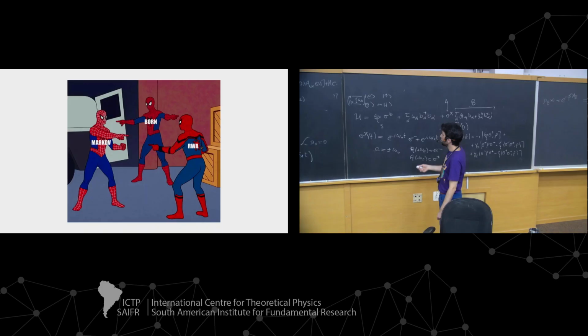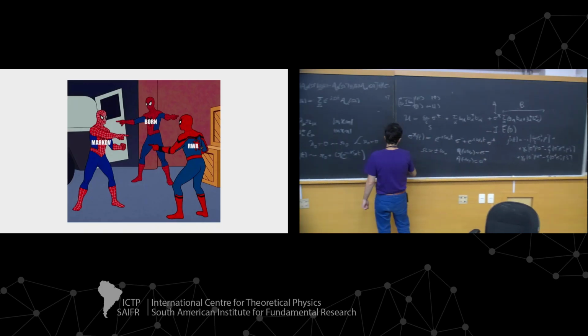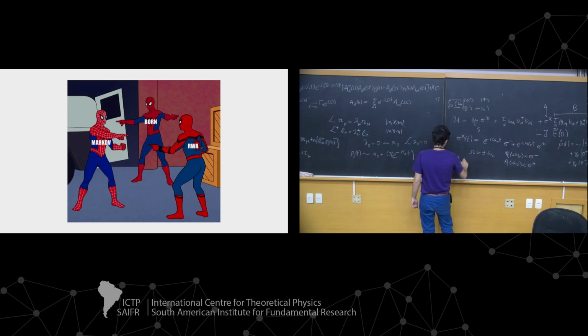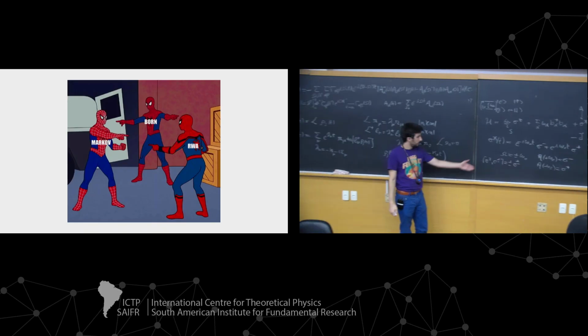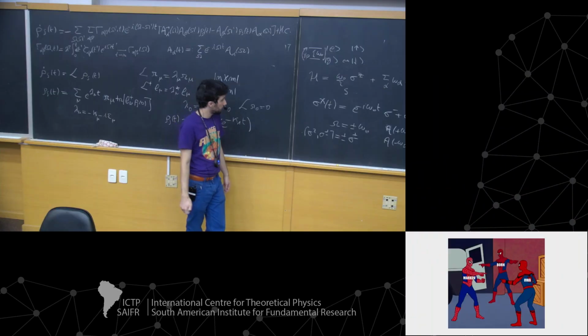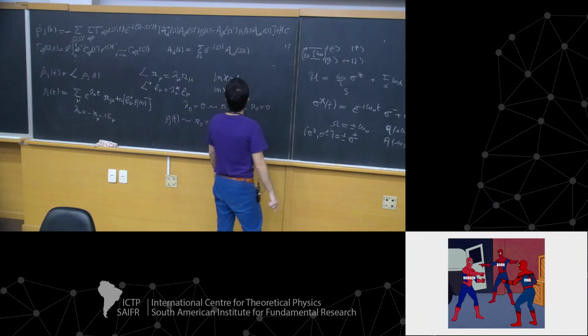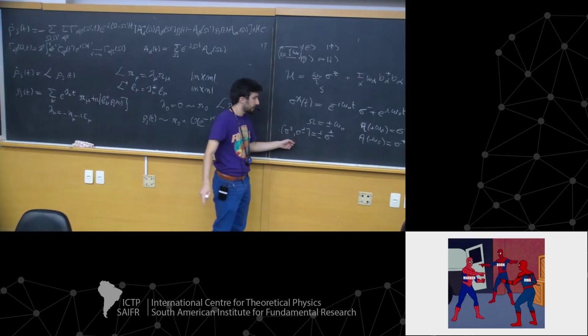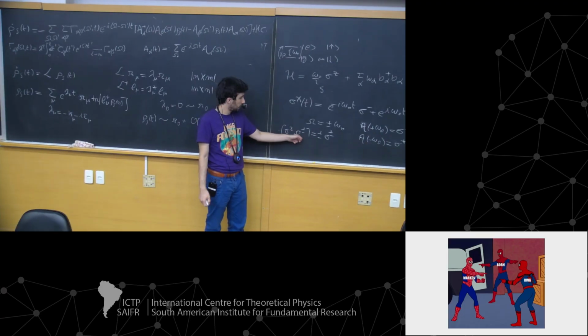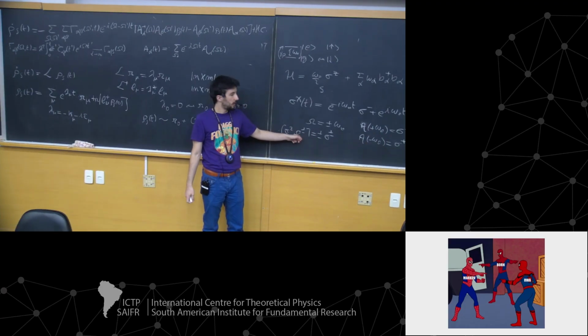Or you take your quantum mechanics book, and you'll find this as the SU2 algebra of matrices, and this is exactly the equation that tells you that sigma plus and minus are the eigenoperators for this object.